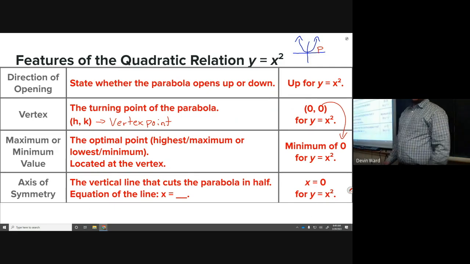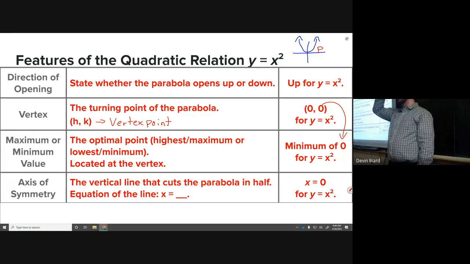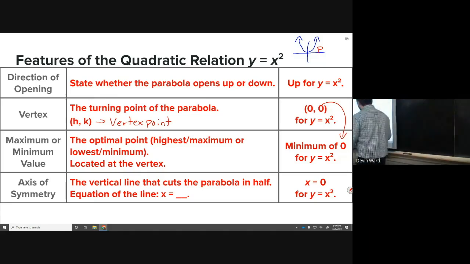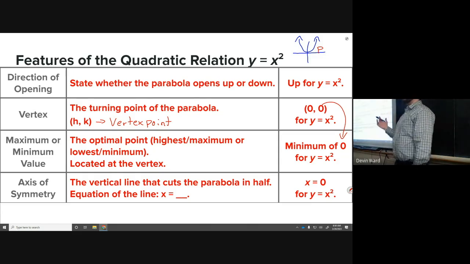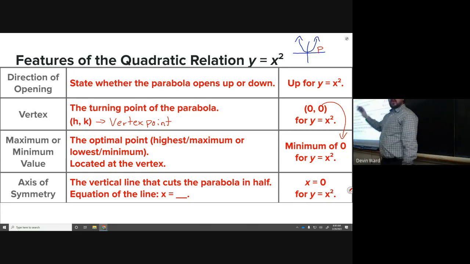Okay, the axis of symmetry, that's the line that cuts the parabola in half. It's an equation of a line, x equals something, because it's a vertical line, but it's always going to act like a mirror. So when we did the baseball one, the left side looked the same as the right side. If you cut it down the middle, all the points were the same. That's going to be this axis of symmetry.